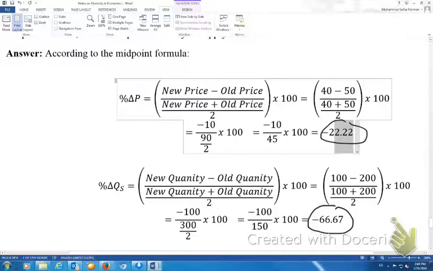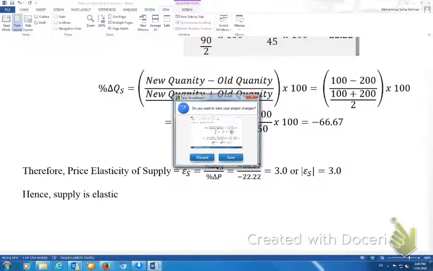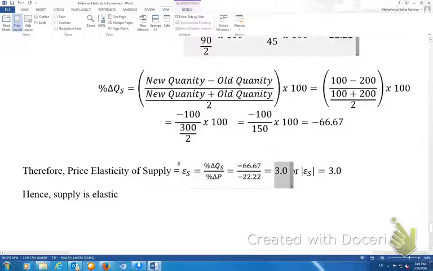So therefore, once you plug the numbers, your price elasticity of supply is going to be 3.0, which means that the price elasticity of supply is a positive number, but on top of that, the price elasticity of supply is greater than 1, which means that the supply is elastic in this case.